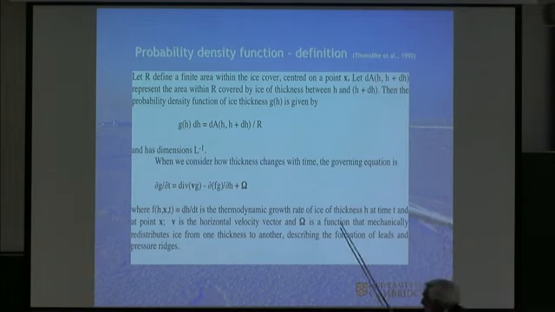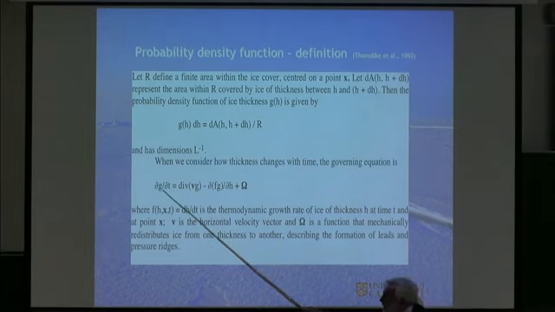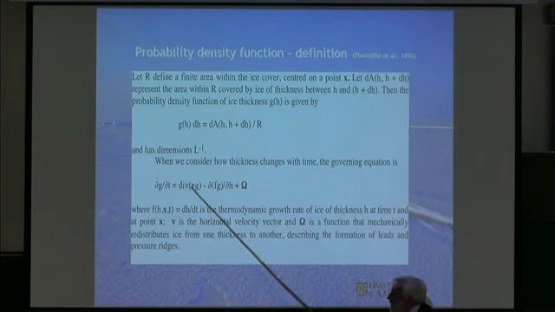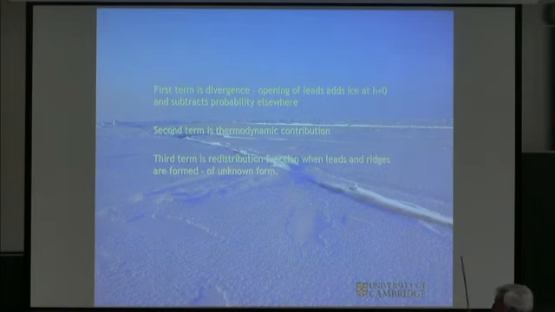We know that, of course, if you think about an isolated region, the ice thickness distribution evolves because, if G is the probability density function, then it evolves because you get thermodynamic growth, you get the creation and the loss of leads, and you get a peculiar function which is called the redistribution function.